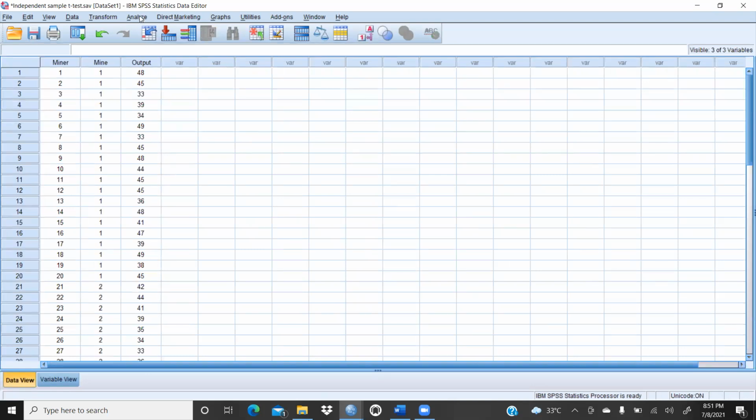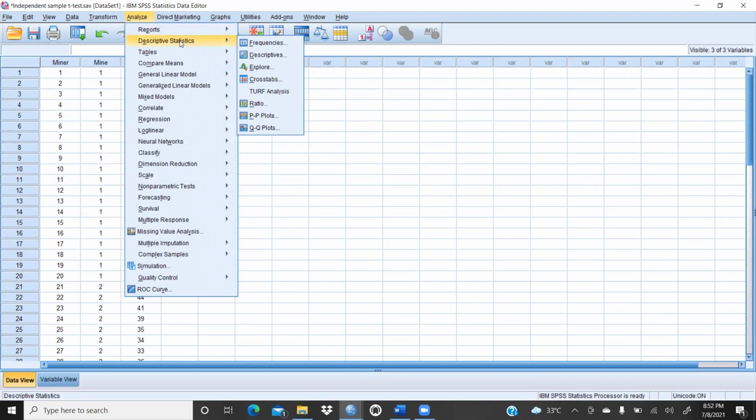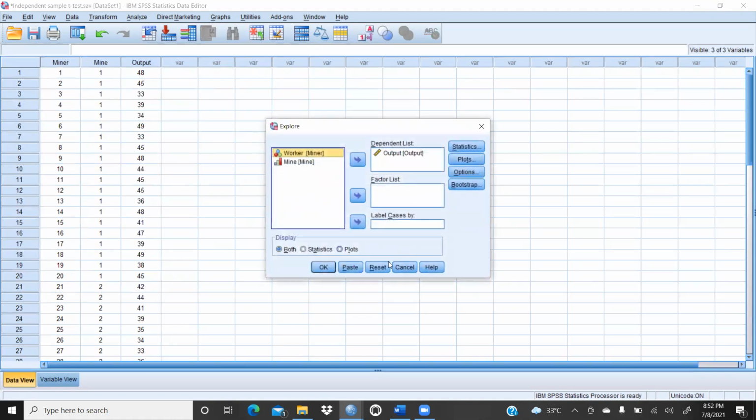So what we have to do is go to Analyze, Descriptive Statistics, and then Explore. In this Explore dialog, we do not require both of these variables; the output we have to shift into the dependent list.